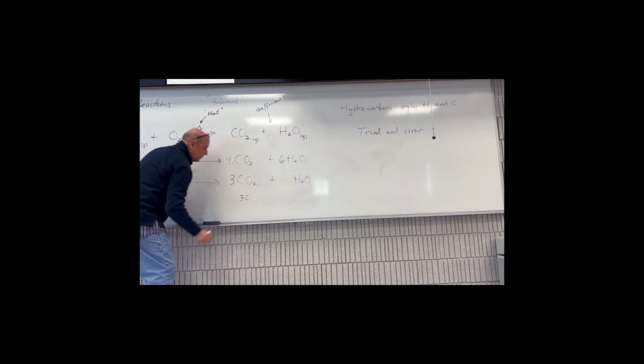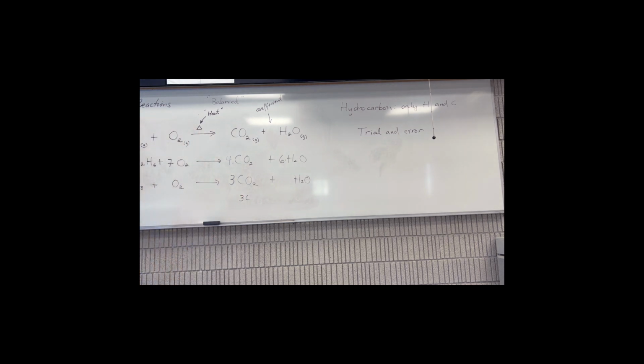This takes practice, you guys. Don't feel bad if you try and it's not the right number. You just keep trying. So now we have 3 carbons. 3 times 1, 3 carbons. So that's balanced. We accomplished something. Let's look at the hydrogen. How much hydrogen do we have here? 8 hydrogens.